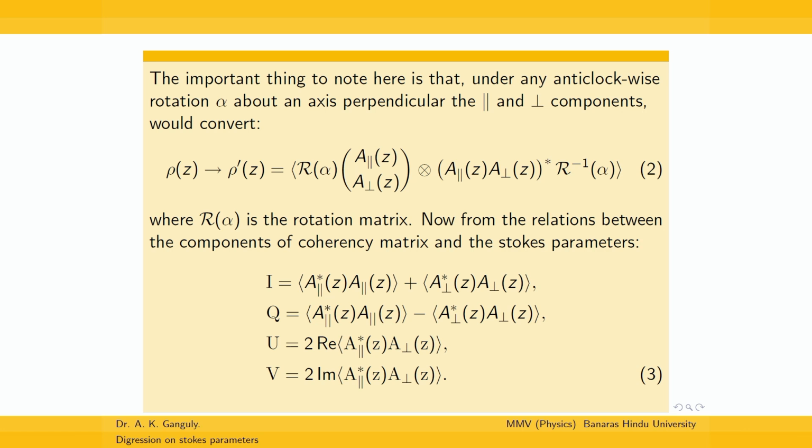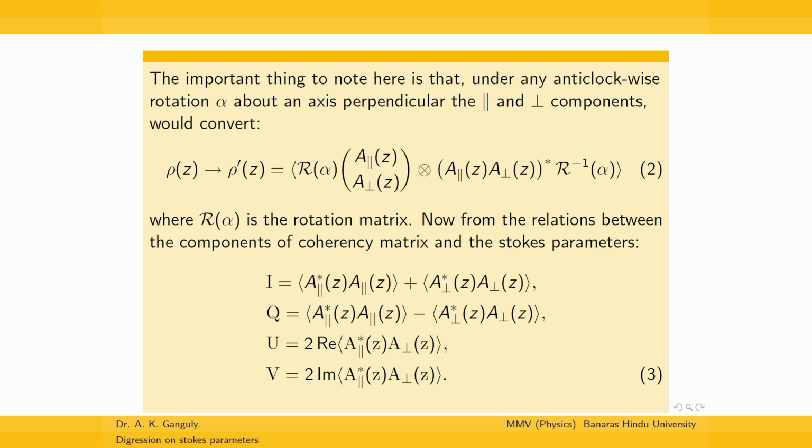Under this transformation of coordinate rotation, the original variables, that is parallel and the perpendicular ones, go over from parallel and perpendicular to the rotation matrix multiplied by the column vector that is describing the parallel and the perpendicular components.